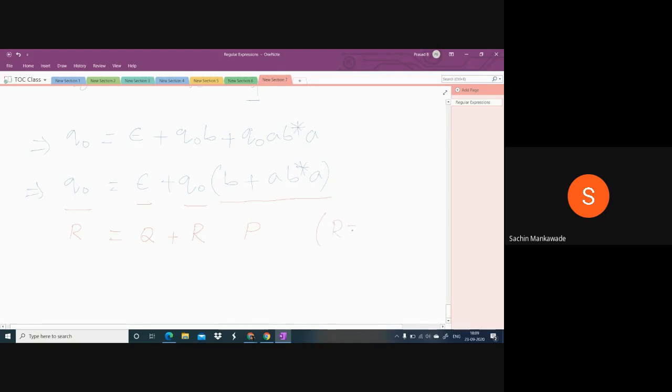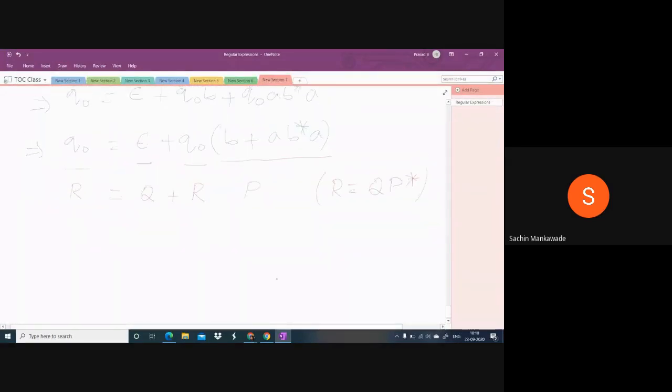What is the solution for R equal to Q plus RP? R equal to Q followed by P star. So R equal to Q plus RP is R equal to QP star.